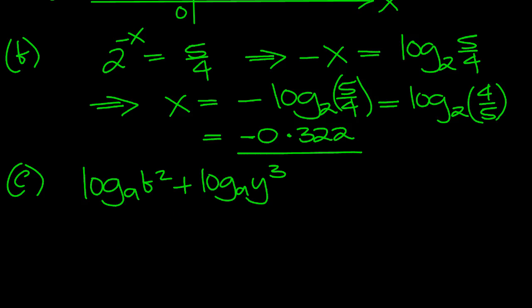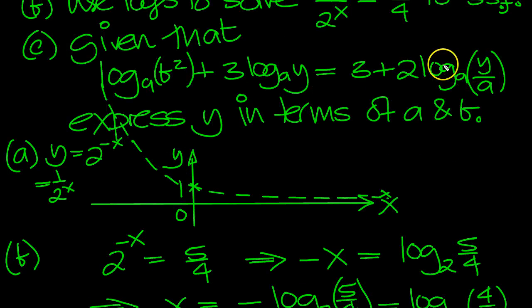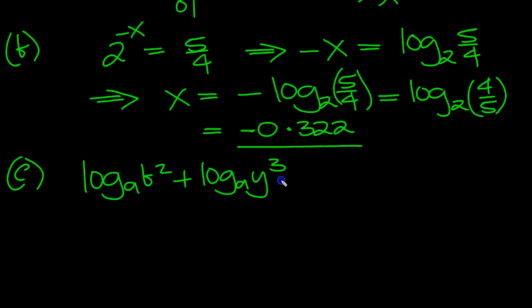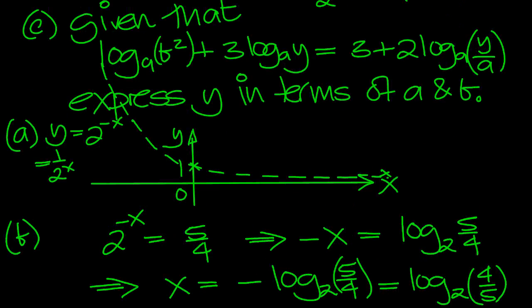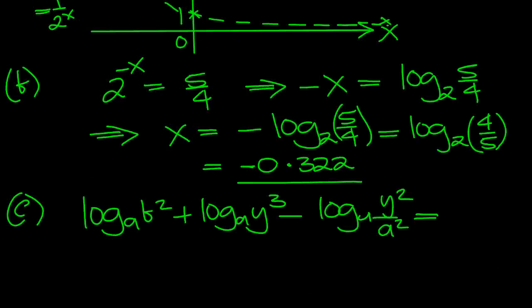Now the other terms. I'm going to move this back over to be with the other logarithms, but at the same time I'm going to move the 2 up to be a power. So it's minus log a of y squared over a squared, because I moved the 2 up to be the power of this whole thing, which is y squared over a squared. And that's equal to the number that was left, which is 3.